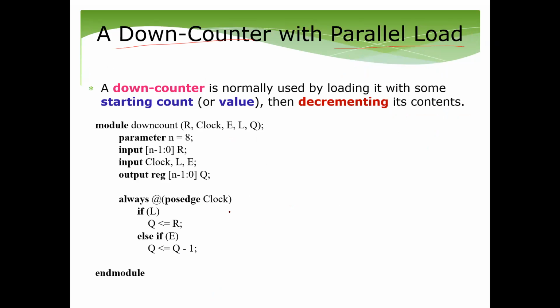If you do that, you will end up with this code. This is also a general code because it's using parameter n. All I need to do is fix the value of the input vector and the output vector. So for a down counter, instead of adding 1, we'll just subtract 1.